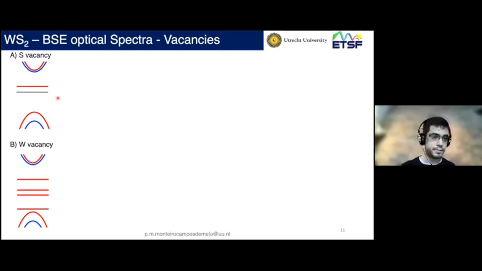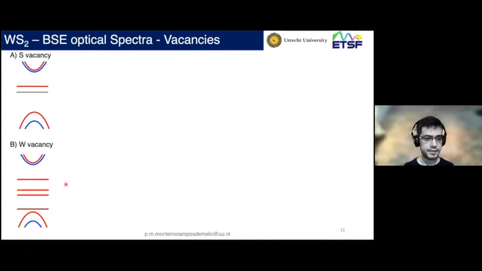band structure. So in both cases, for the S vacancy and the W vacancy, new states arise in the gap region. For the S vacancy, you have two manifolds of doubly degenerate states, one that is highly polarized in spin and one that is not that polarized.